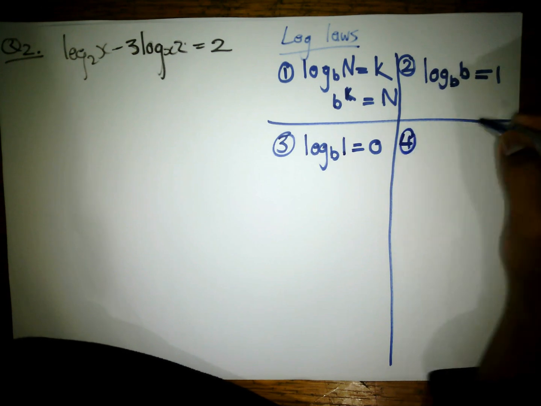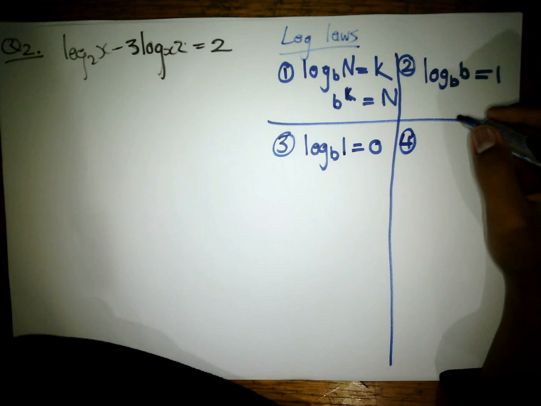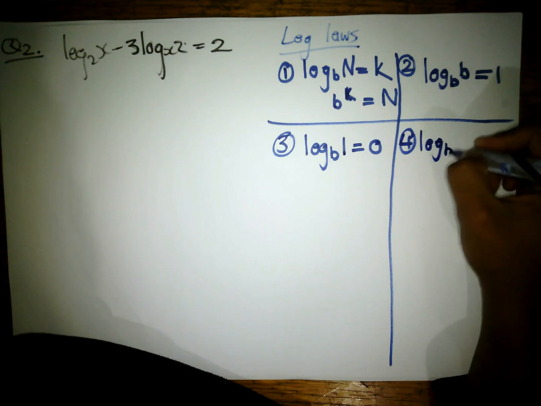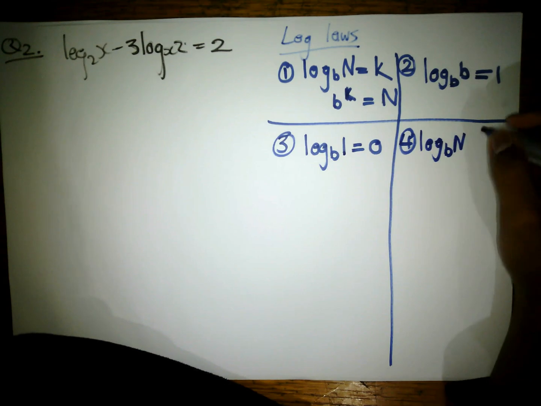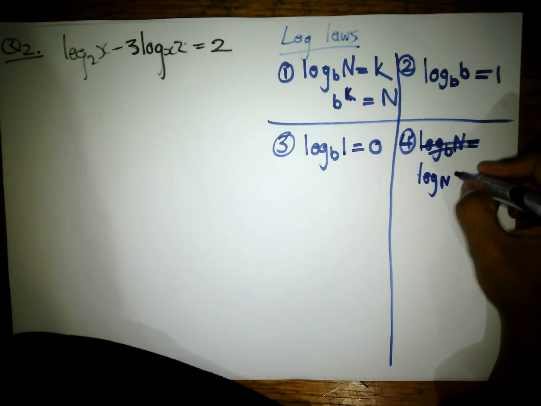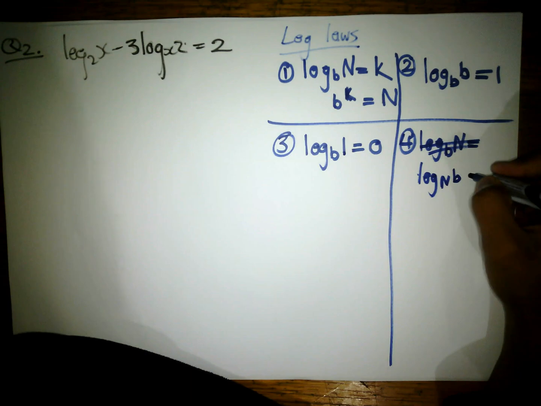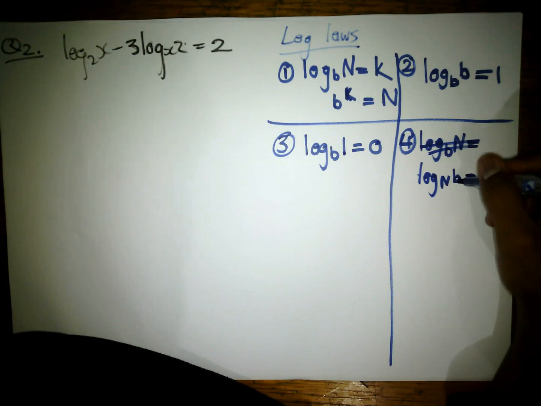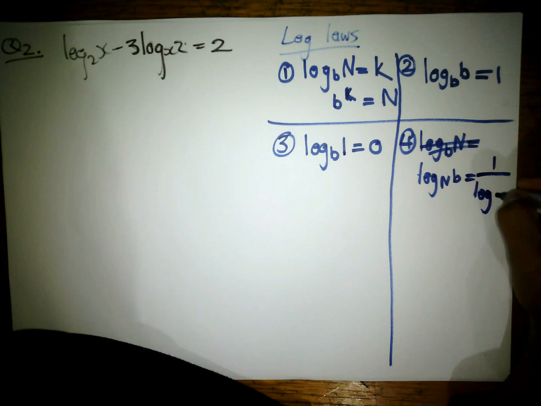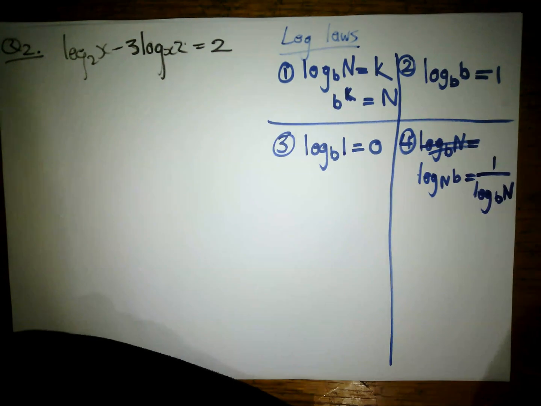Number 4 is saying, let me do it like this rather. If we get log with a number there and a base there, to get that base by that number and that number by this base, we write it as 1 over log base and a number.